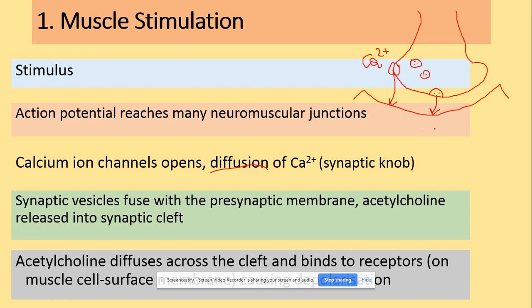Acetylcholine will diffuse across the cleft and bind to the receptors on the muscular cell surface. Remember here we've got the myofibril, the receptors on that. That way the wave of depolarization has arrived at the myofibril. What happens next? Don't forget about calcium ions here as well.